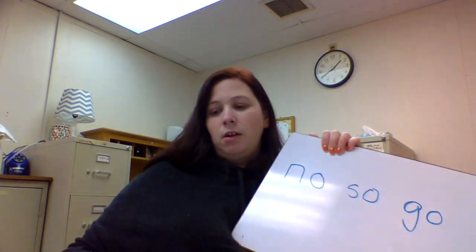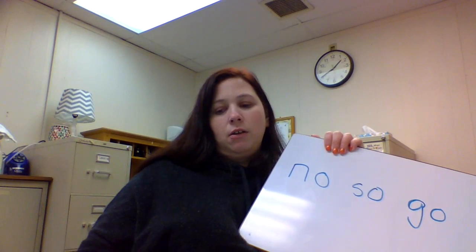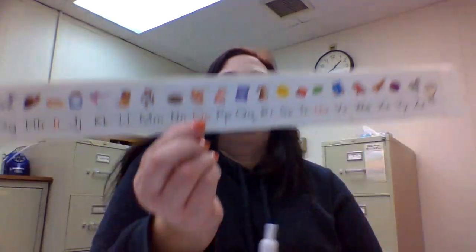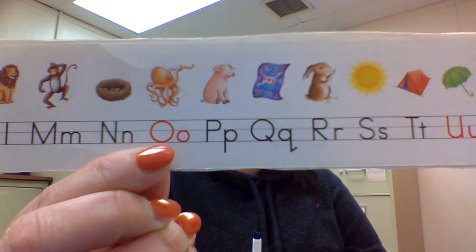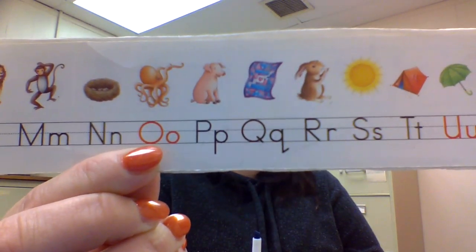O. All right. So looking at the alphabet strip, is our O a vowel or a consonant? We've already talked about this a little bit, but let's look again. O. It's in red, and we talked about how our red letters are vowels. So that is a vowel. Good job.